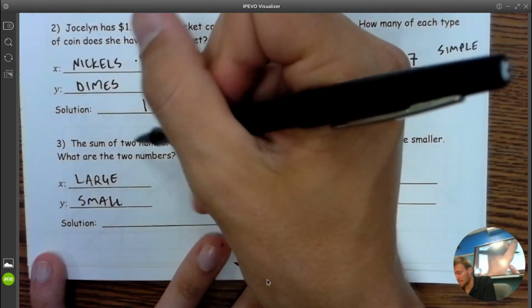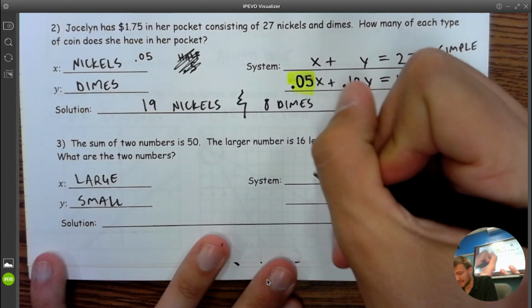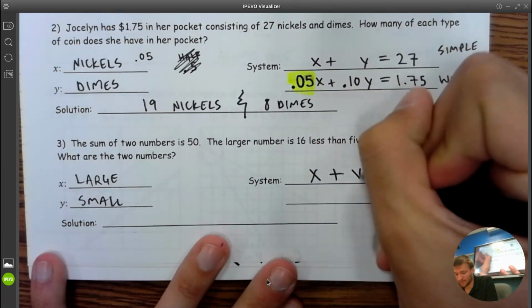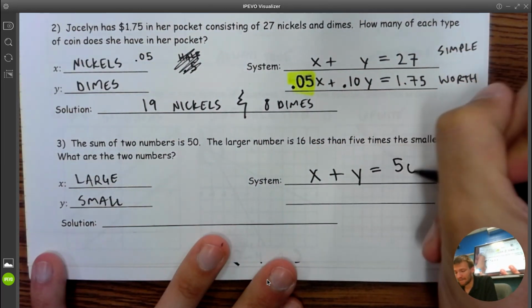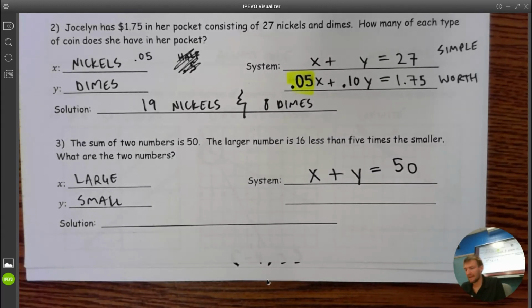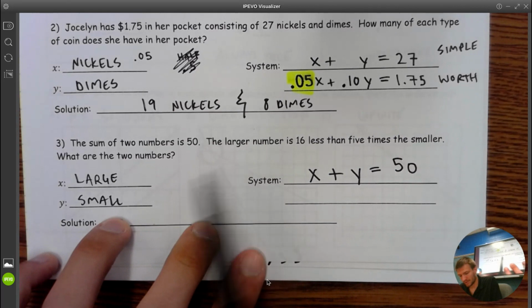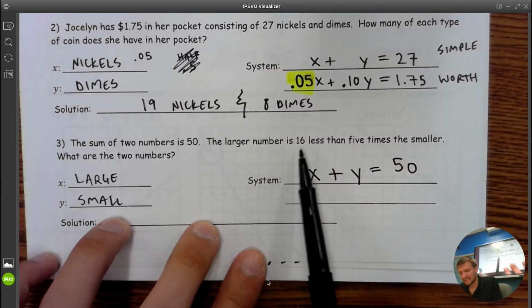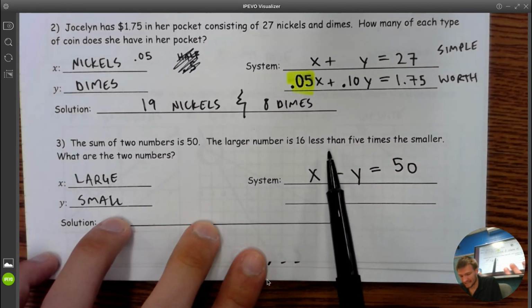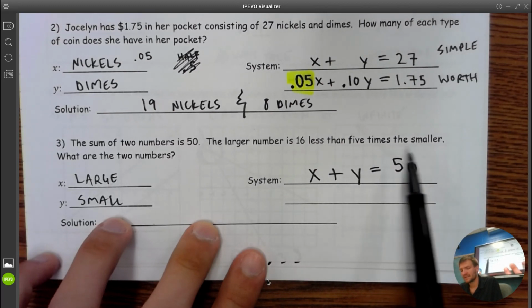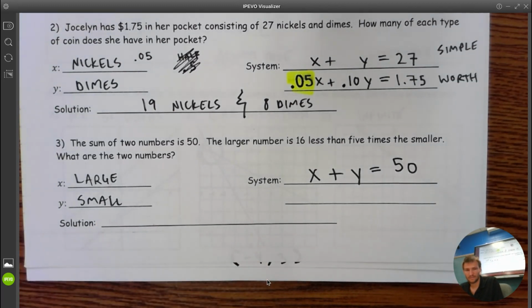The sum is 50, which means X plus Y equals 50. But then we get this second piece, and it says the larger number, which we said is X, is 16 less than 5 times the smaller number.